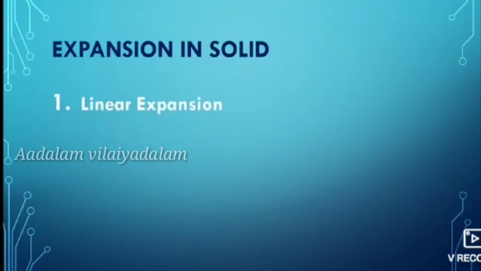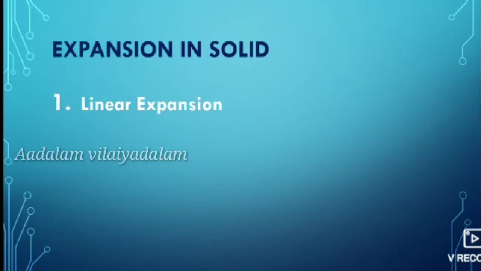Expansion in solids. Next we will learn about expansion in solids. When a solid substance is heated, the atoms gain the heat energy and vibrate more vigorously, which causes the expansion of the solid.